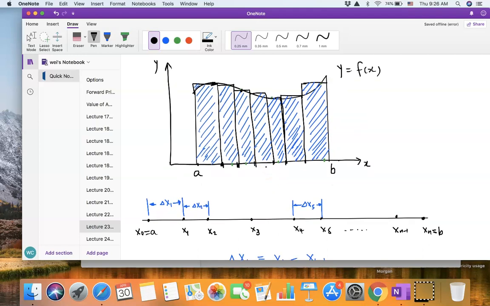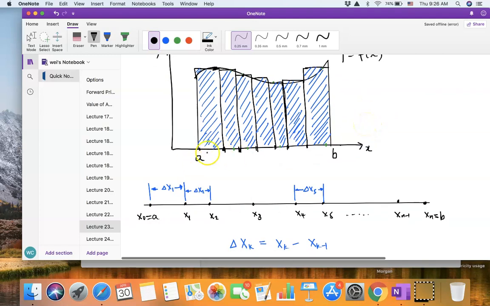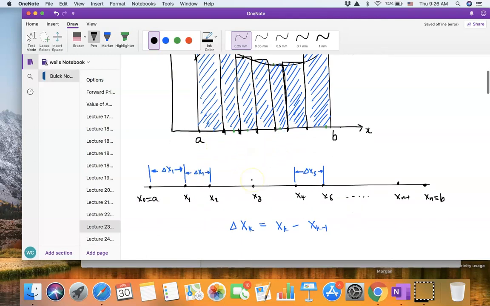Because the width of each rectangle is different, delta x is not a constant. Then how do we represent the width of each rectangle? We introduce another notation called delta x sub k.